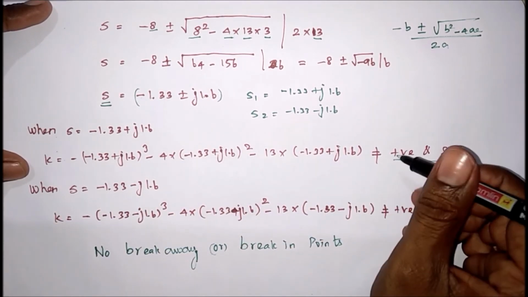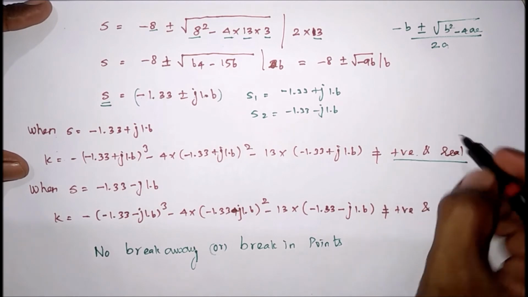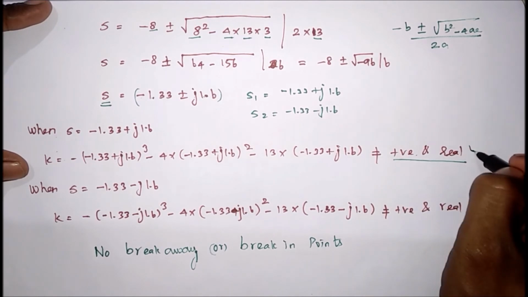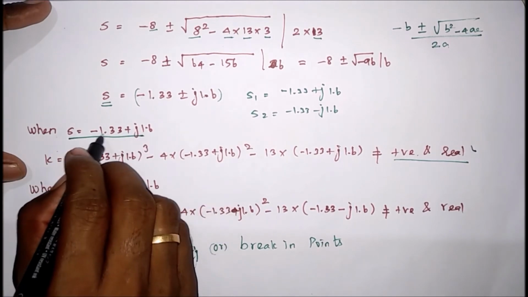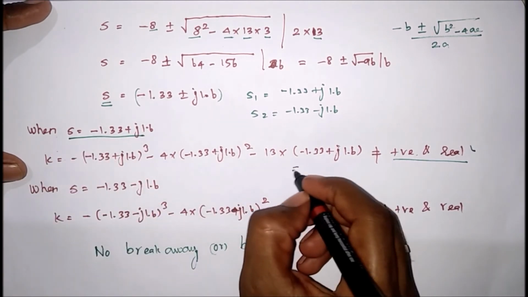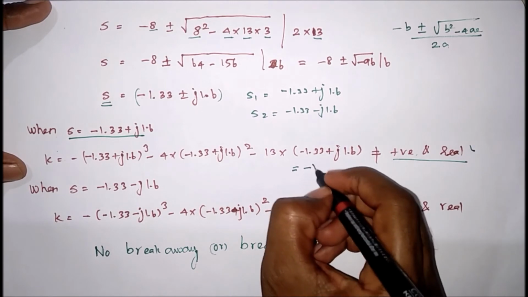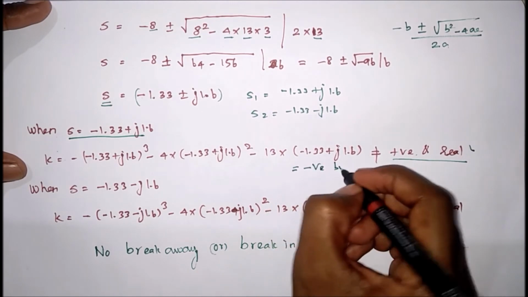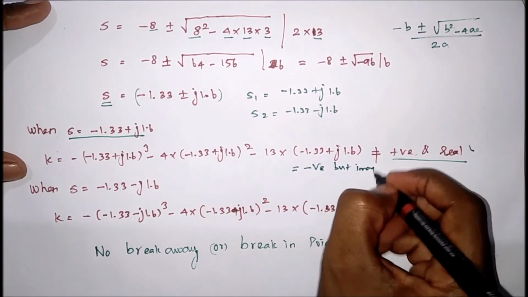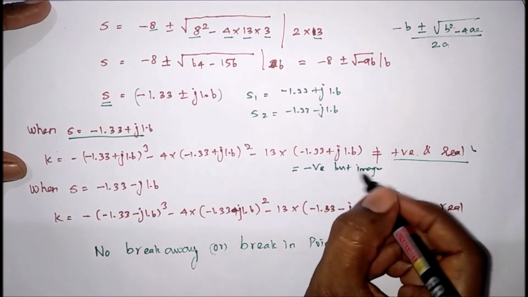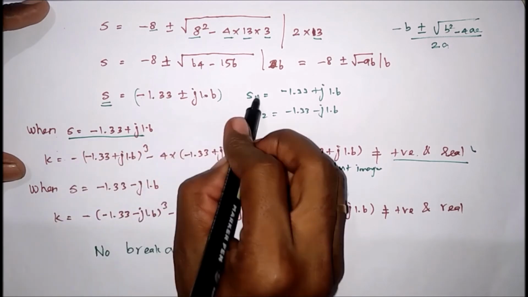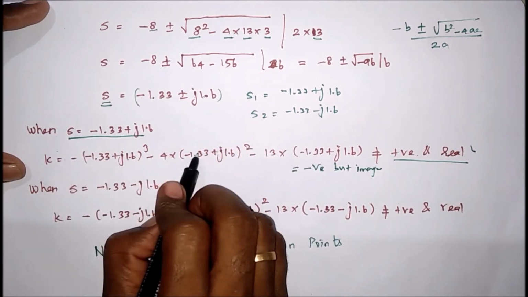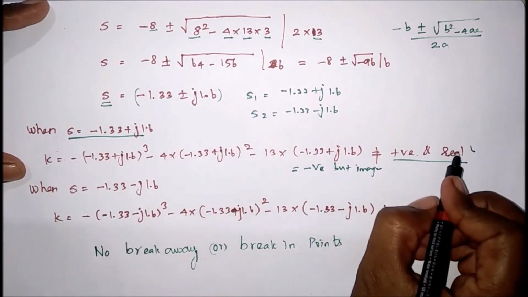You will get the answer will not be positive and real. If it is positive and real, we can say this s may be a breakaway or break-in point, but the answer will be negative or imaginary. The condition is, if we substitute the s value into the k equation, we have to get positive and real.